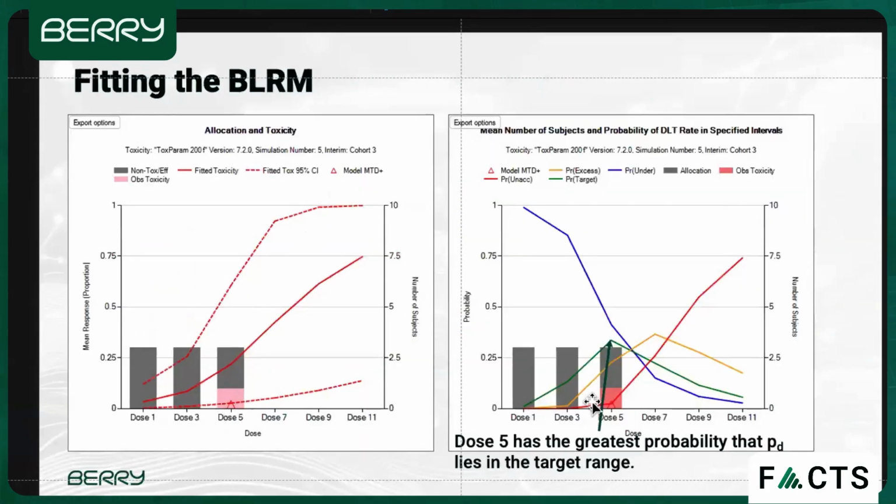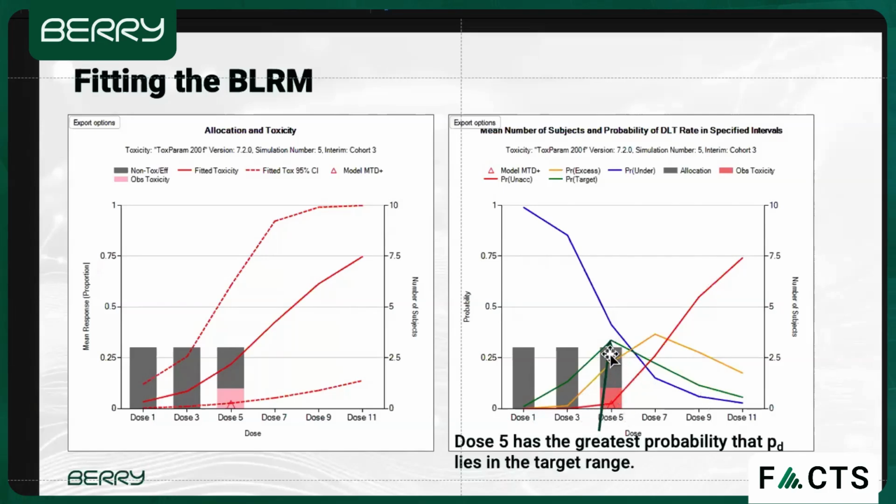So going back to that example, that gives rise to the following posterior probabilities of being under, in the target, excess or unacceptable toxicity. The under by the blue line, the in the target by the green line, the excess by the orange line, and unacceptable by the red line. So you can see here in this setting, we would next want to redose at dose 5 because that's where the peak of the target is.